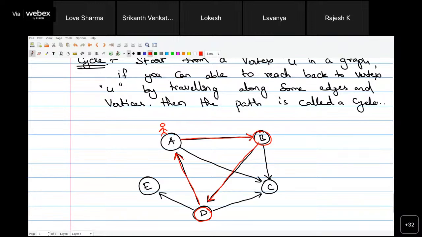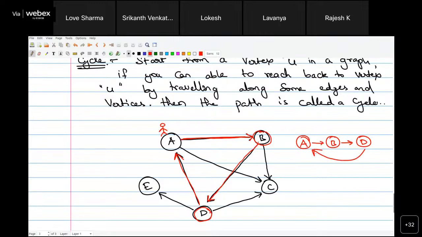So by starting from vertex a, I have traveled along some edges and vertices, and I can come back to vertex a. So this particular path is a to b, b to d and d to a.